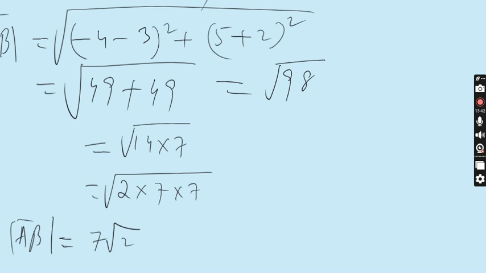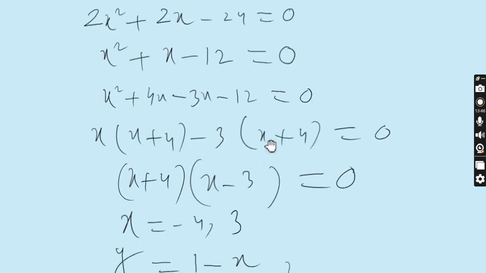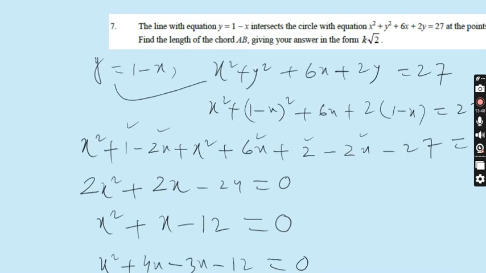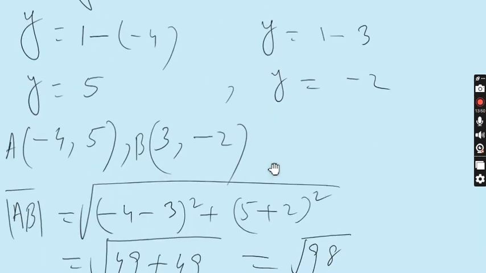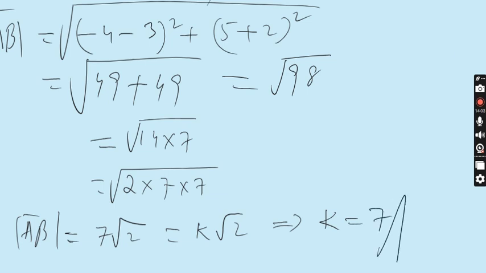The requirement of the question is to write the answer in the form of k root 2, and we have written the answer in the form of 7 root 2. So this implies that k must be equal to 7. This is not the requirement. Just write the answer 7 root 2. You will get full marks. But I can show you the working.